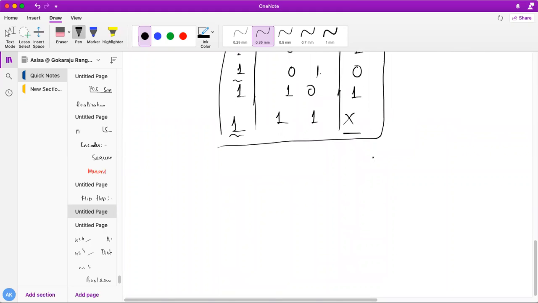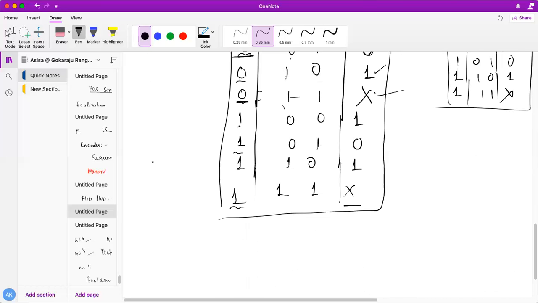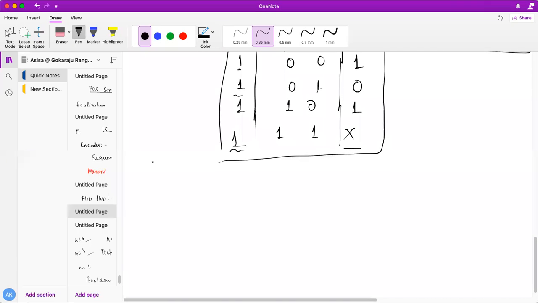Okay, and the next thing, the characteristic equation. This is my fifth point for any flip-flop; these are the points you need to describe. So what is the characteristic equation? If you solve the characteristic table, you will obviously get the characteristic equation. It gives the relationship between the present state and the next state.